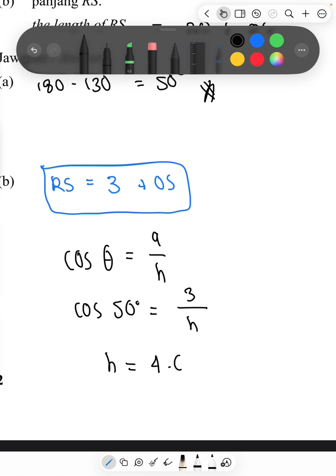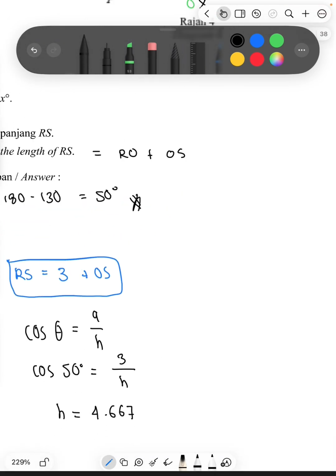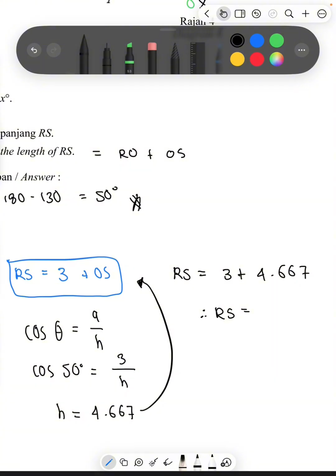H is equal to 4.667. But that's not the final answer. Substitute into here. H is OS, by the way. RS is equal to 3 plus 4.667. RS is equal to 7.667.